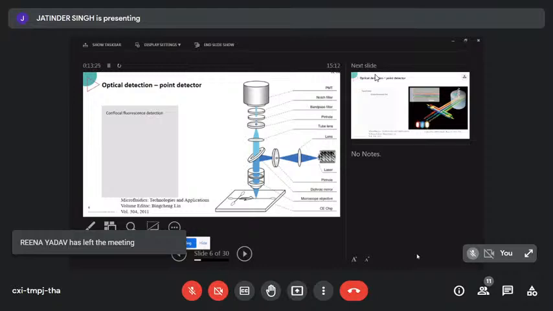Then we've got something called a dichroic mirror, which sends light of one wavelength in one direction: it reflects one wavelength and allows another wavelength to get through, and that's why we've got lines going up here. So the excitation wavelength is reflected down here towards our chip, through another collimator lens.